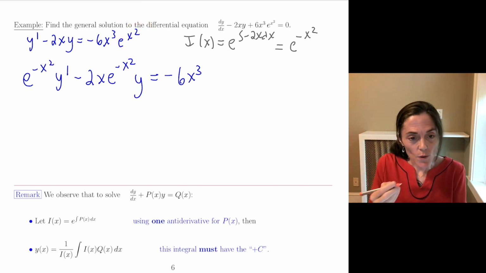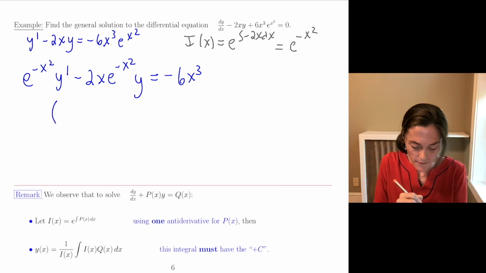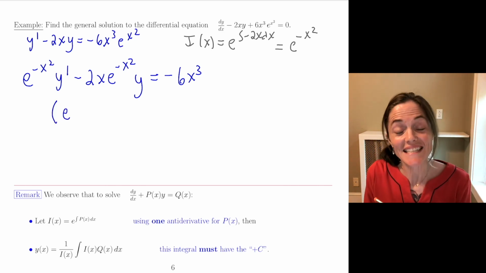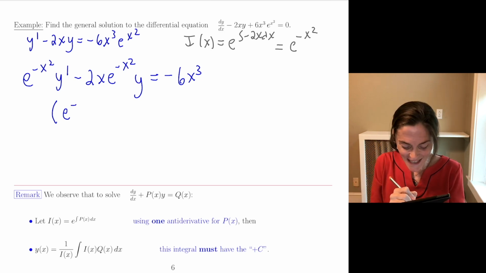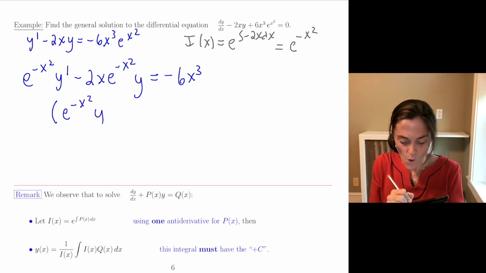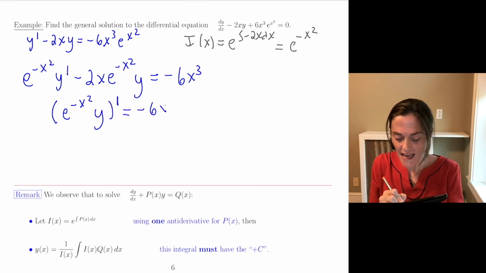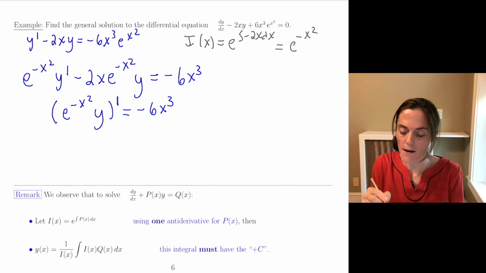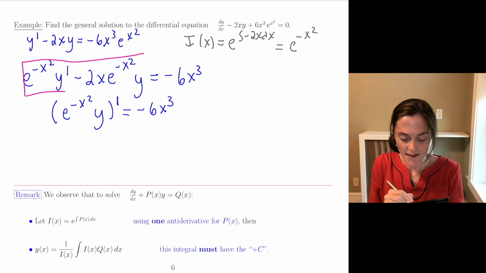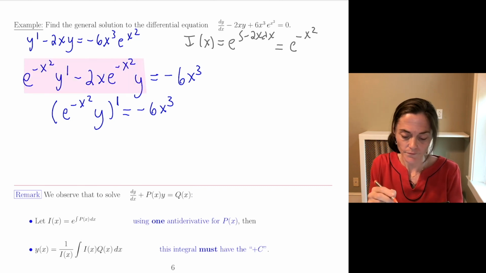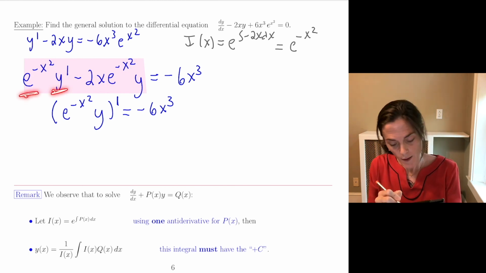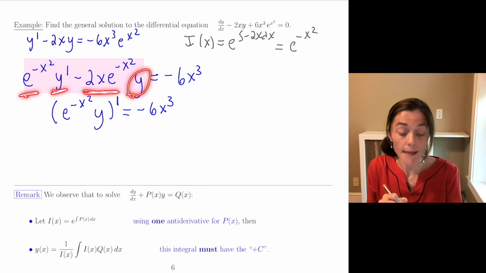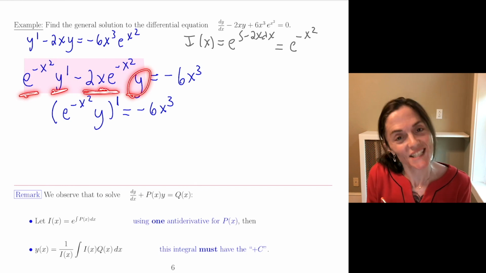Okay, so the left-hand side, at this point, we should not be surprised. Product rule. We have e to the minus x squared y, quantity prime, is minus 6x cubed. Because if we stare at this, we have first, derivative of the second, plus the second, and then here, this is derivative of the first, chain rule.